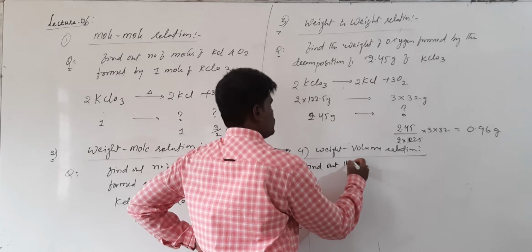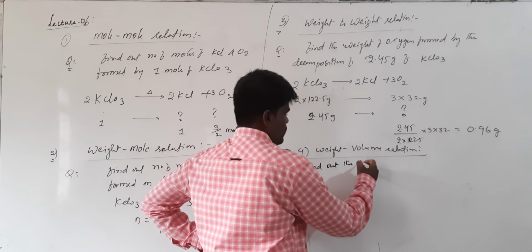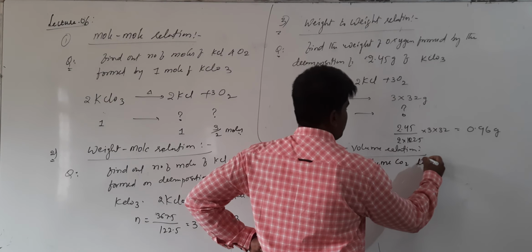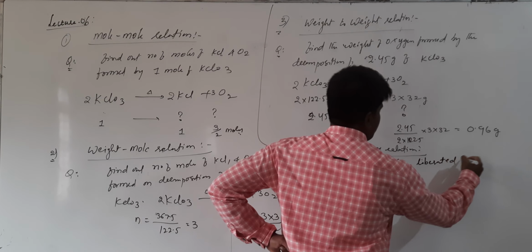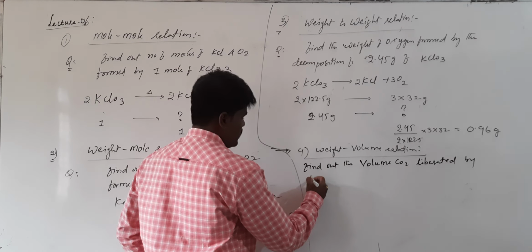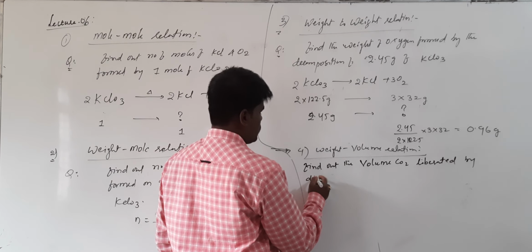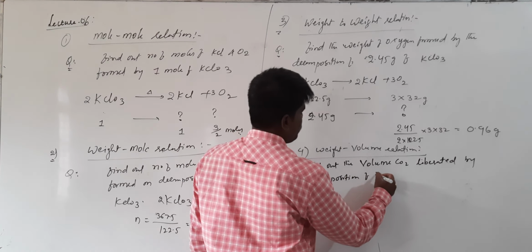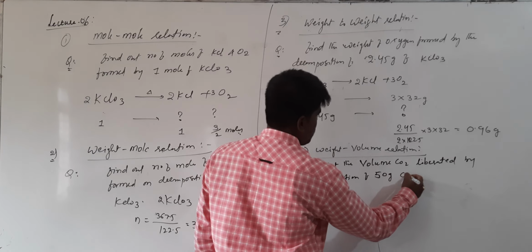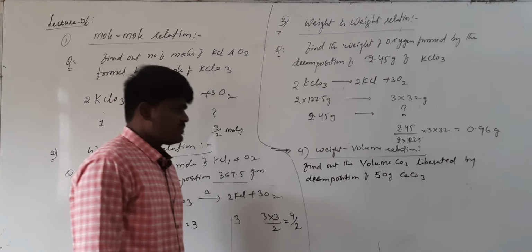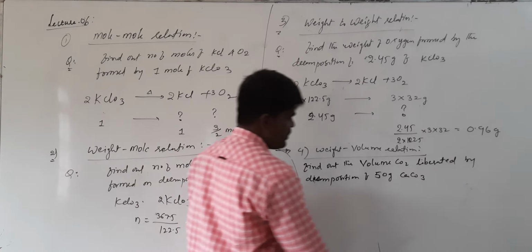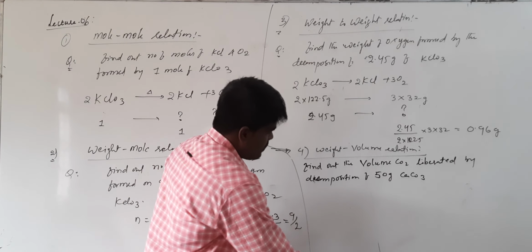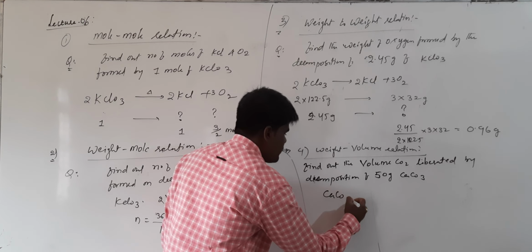Find out the volume of carbon dioxide liberated by decomposition of 50 grams of calcium carbonate. He is asking us to identify the volume of carbon dioxide liberated by the decomposition of 50 grams of calcium carbonate. First of all, let us write the balanced equation for this.